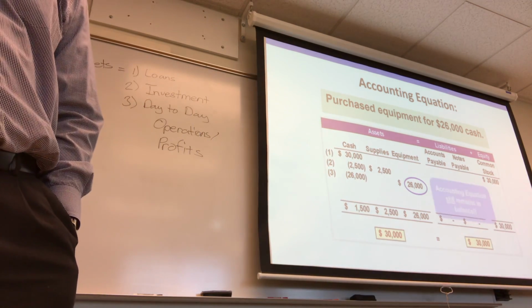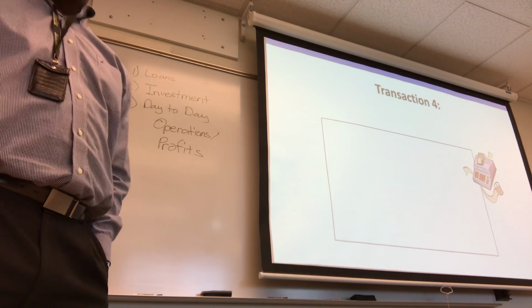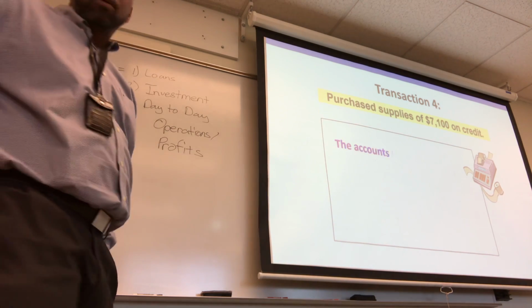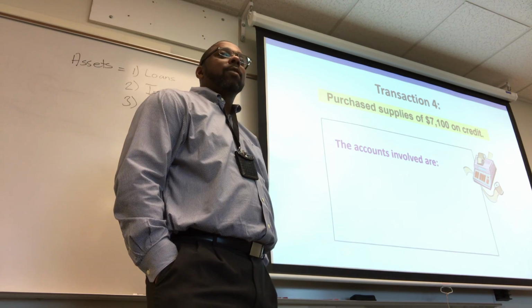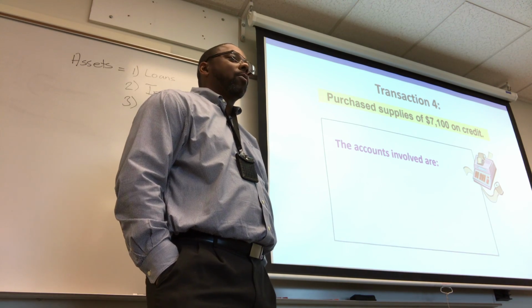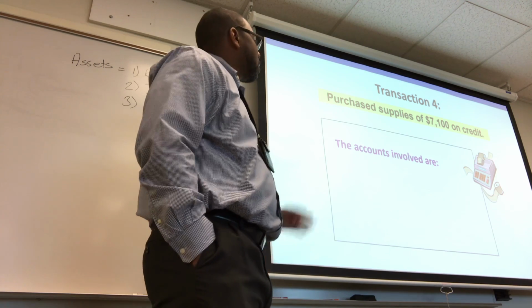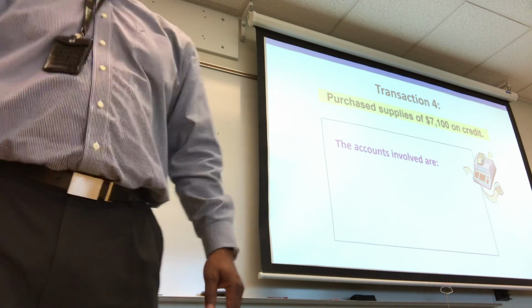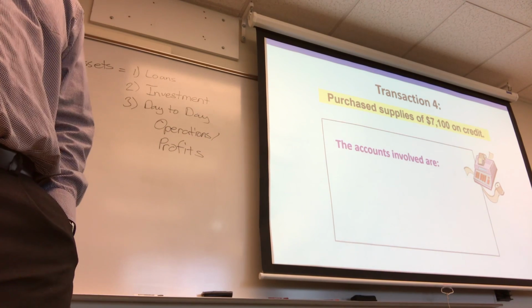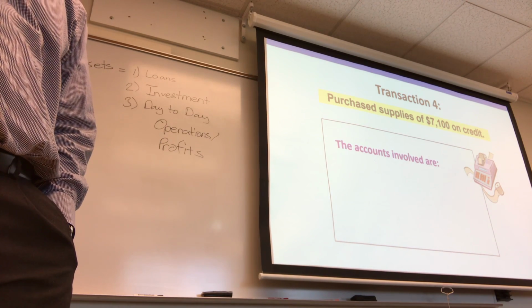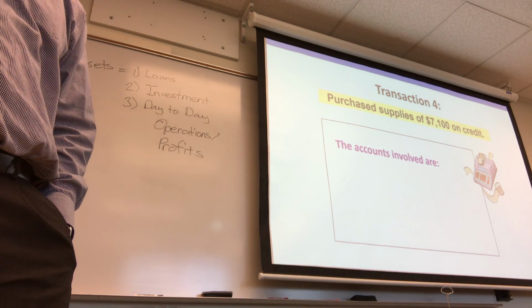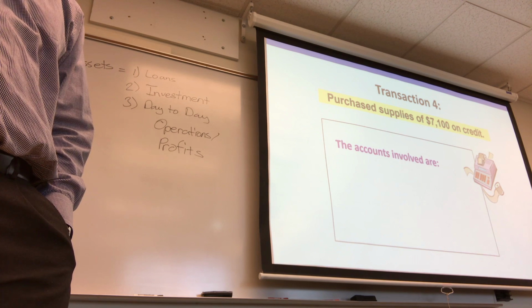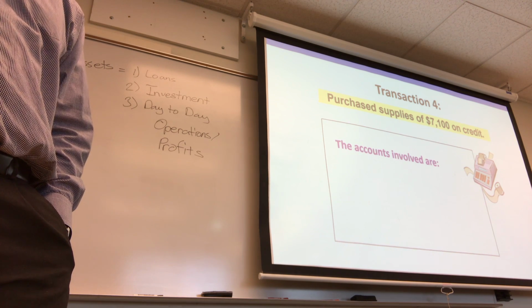All right, the next transaction, what we're going to do, we're going to purchase some supplies on credit. When we purchase supplies on credit, we're going to use accounts payable. Okay? So, supplies, did we increase or decrease the amount of supplies in the company? Increase. Fantastic. And then did we increase or decrease the amount of credit that the company has taken out? Increase.